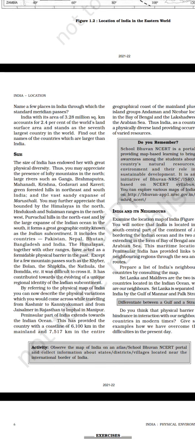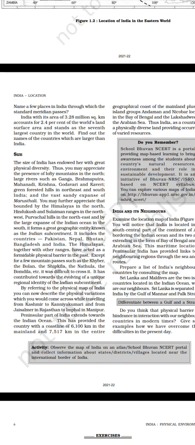You may further appreciate that, bounded by the Himalayas in the north, Hindu Kush and Sulaiman ranges in the northwest, Purvachal hills in the northeast, and by the large expanse of the Indian Ocean in the south, it forms a great geographic entity known as the Indian subcontinent. It includes the countries Pakistan, Nepal, Bhutan, Bangladesh, and India.